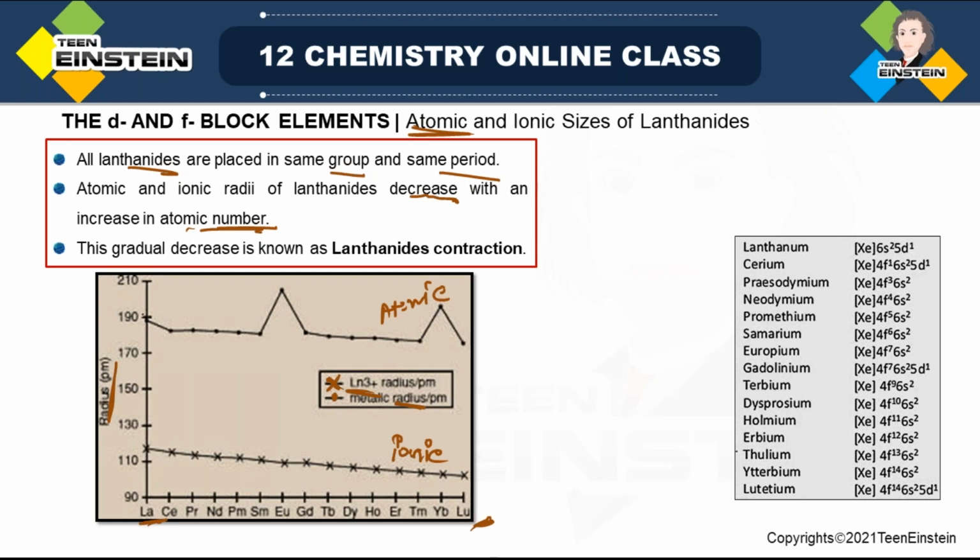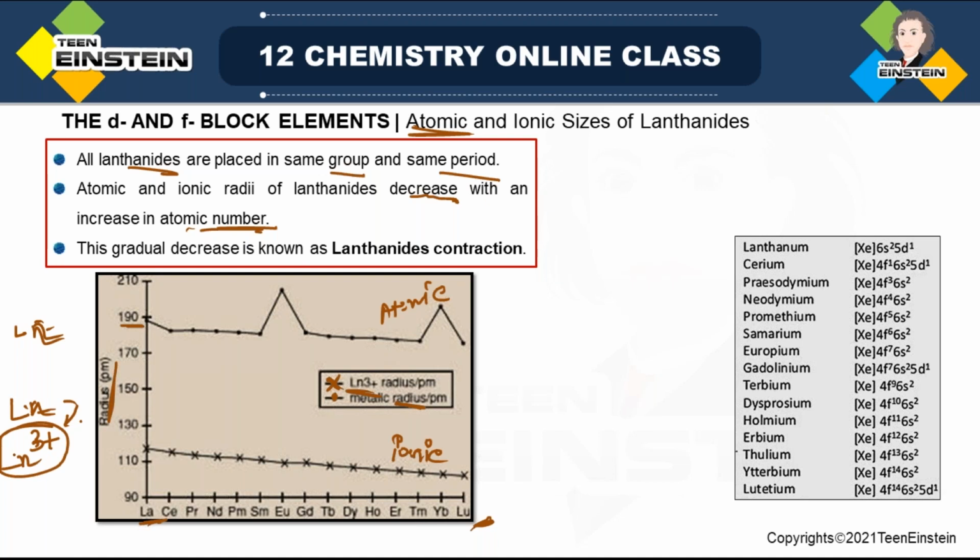And here the values are near 190 picometer, but as it is ionic radius, it is scattered. So compared to Ln, when it is Ln3+, that means we have removed 3 electrons.